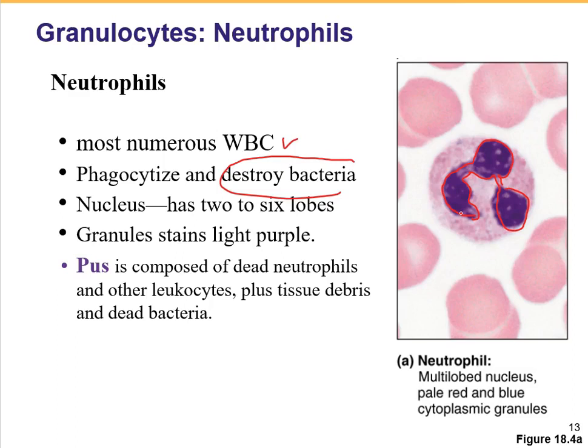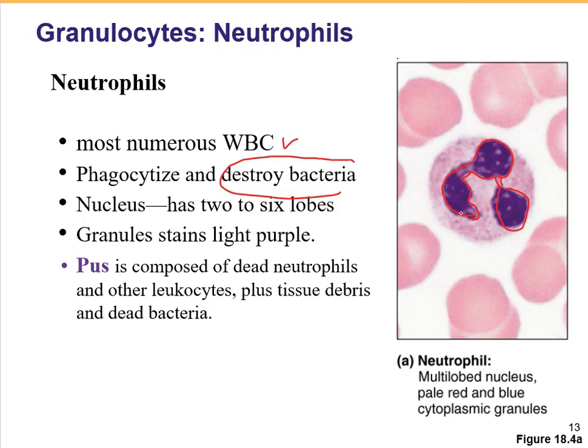When neutrophils encounter bacteria, their granules release enzymes and other substances that help break down and neutralize the invaders. After completing their mission, neutrophils often die in this process.